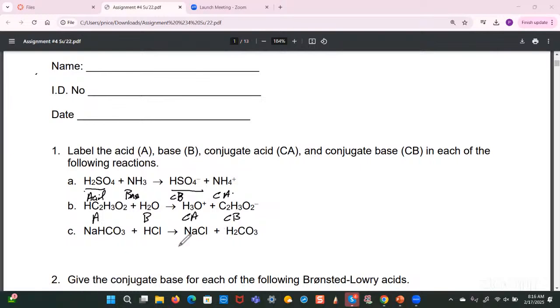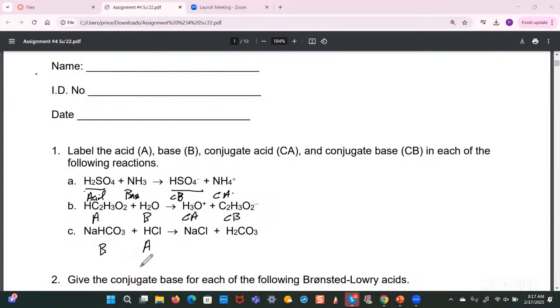Based on that definition, which of the two reactants would be the acid in this reaction? Which reactant loses hydrogen ions? HCl, exactly. So that would be A, which means that this would be the base.